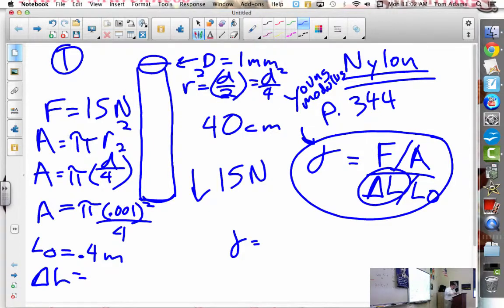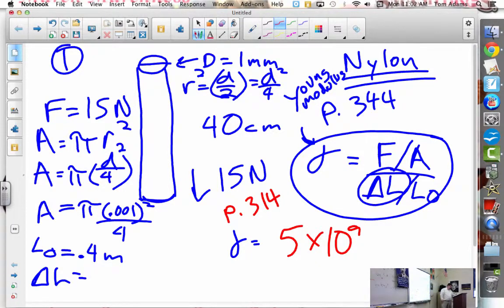There's a list of all these different moduli. That's the plural for modulus. And for nylon, it's on page 314. So on page 314, there's a chart that has all the different moduli: Young's modulus, shear modulus, and bulk modulus. And then for nylon, we find that it's 5 times 10 to the 9.